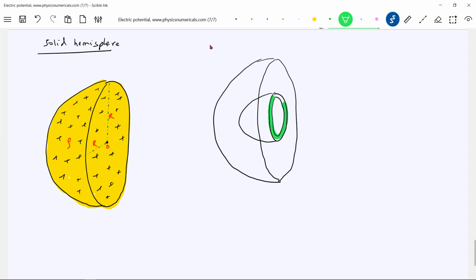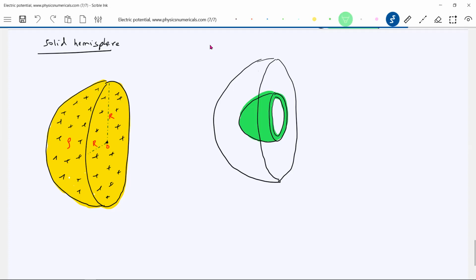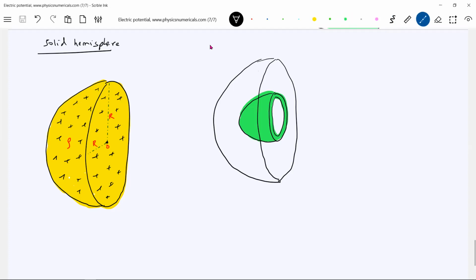Okay, this D. And there's a thin shell, which we are supposed to assume. Okay, let this distance be x. Or you take any point, it will be at a distance x.